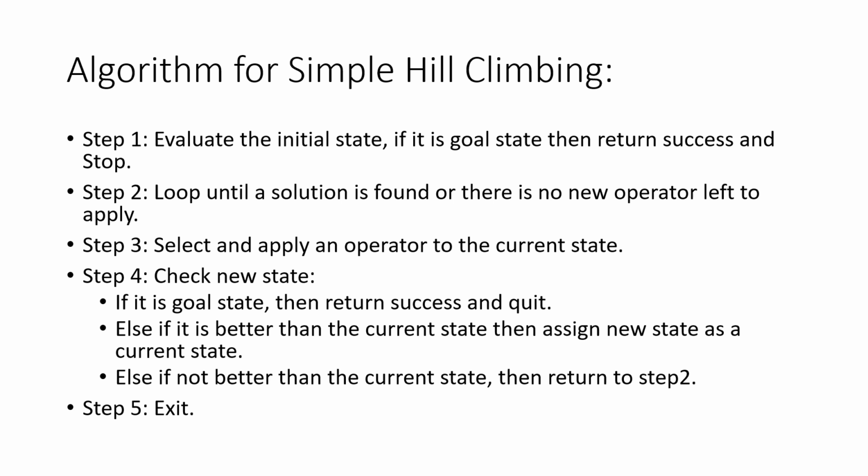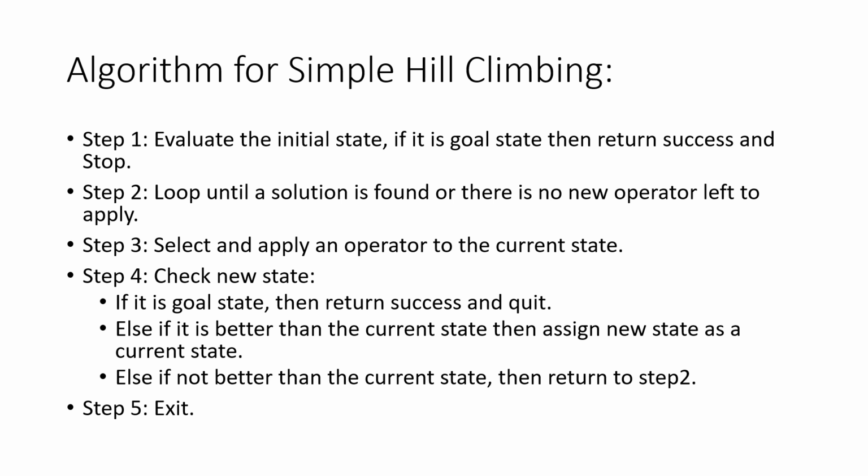The next step is to evaluate the new state. Here we can see three cases. If the new state satisfies the goal, the algorithm stops. Next, if the new state is better than the current node, we accept it, and the new state becomes the current state.